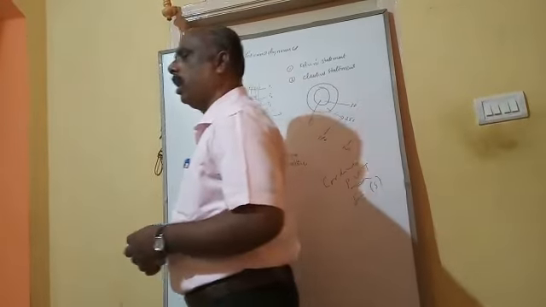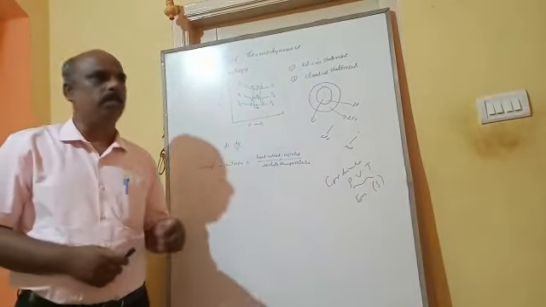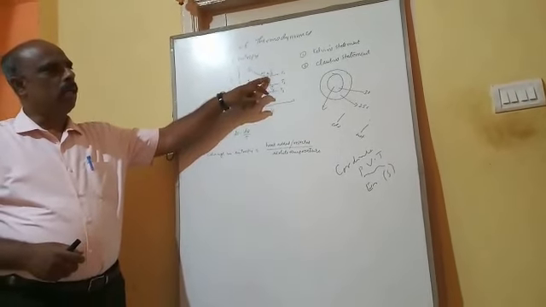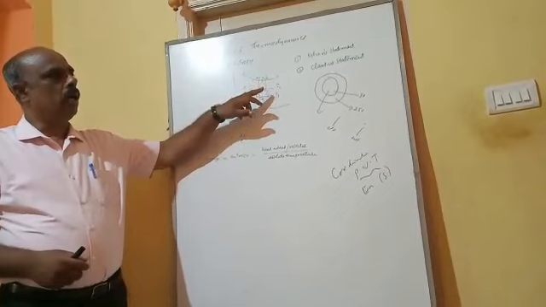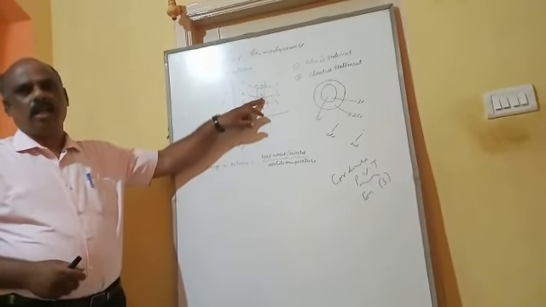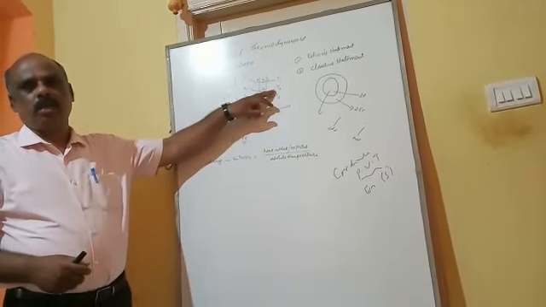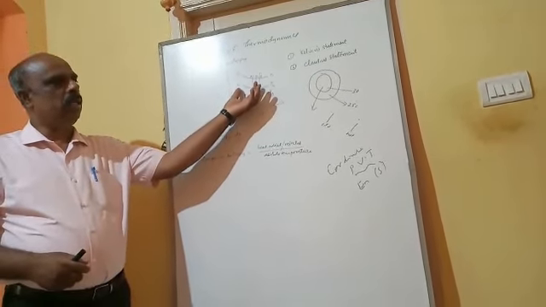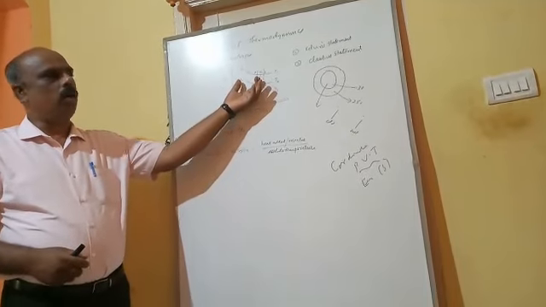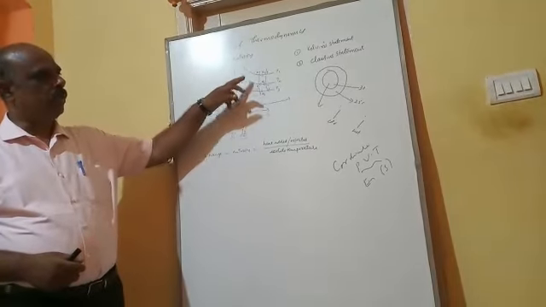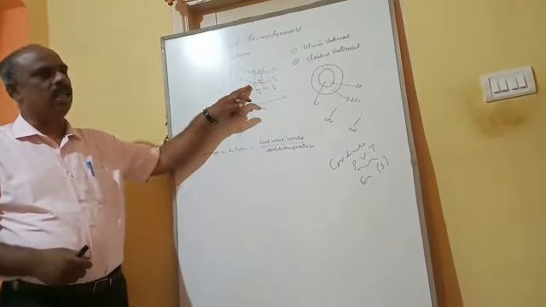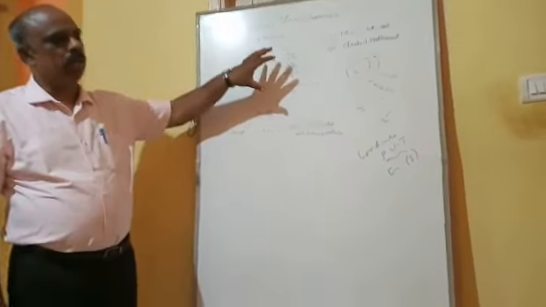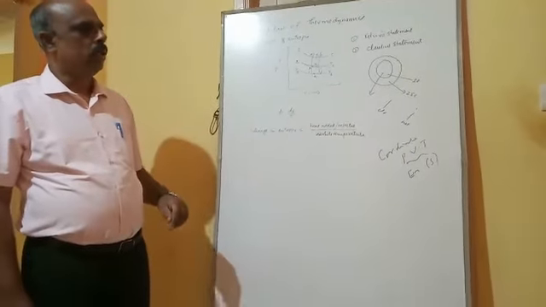See here, if that system absorbs a quantity of heat Q1 at a temperature T1, and rejects heat Q2 at a temperature T2, then you can represent that in terms of a Carnot's cycle represented by A, B, C, D. Like that you will find a large number of Carnot's cycles.